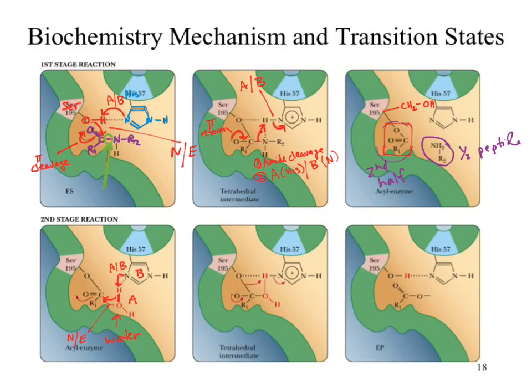But then the carbon has too many bonds, so what happens? We break the pi bond yet again. We get our pi bond cleavage. We again end up with another tetrahedral intermediate, which can then go through all this shuffling of electrons. We can get our pi bond reformation, which then means our carbon has too many bonds.